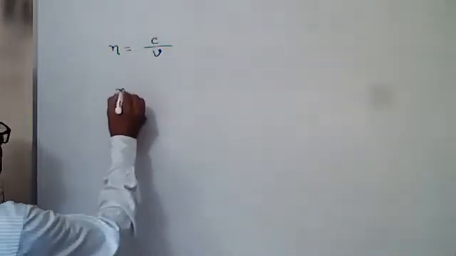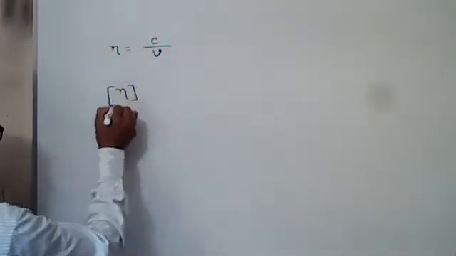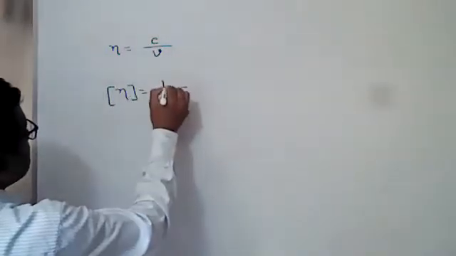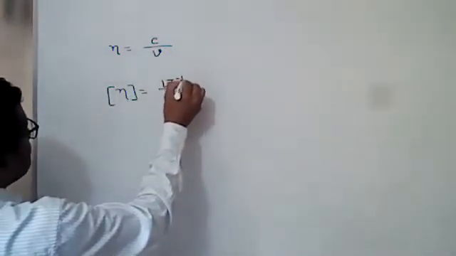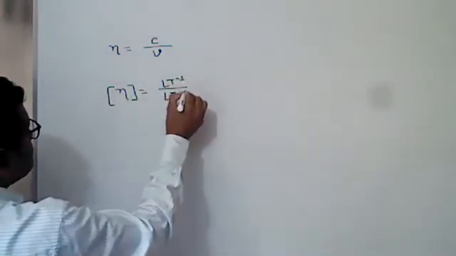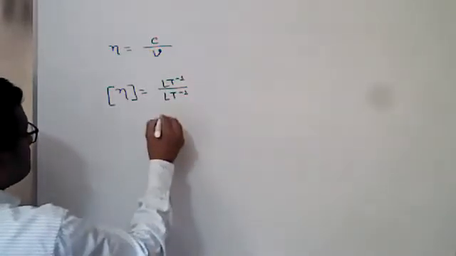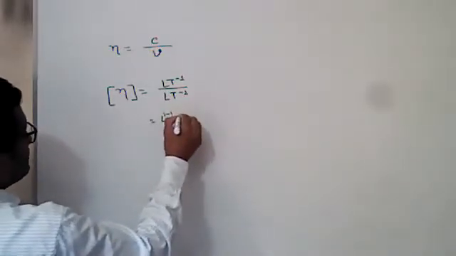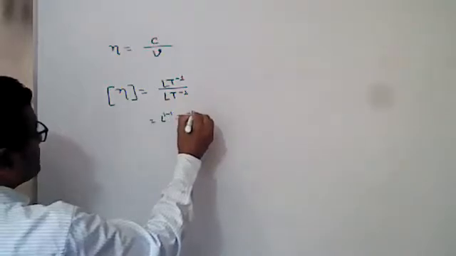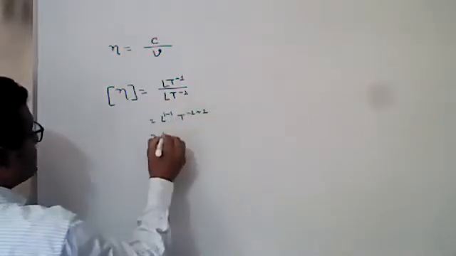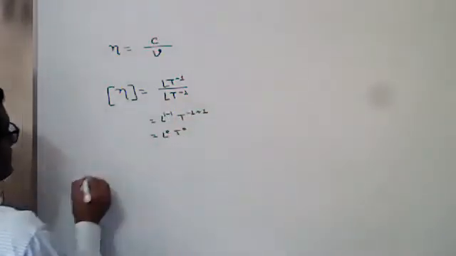So the dimension of refractive index equals L T inverse 1 by L T inverse 1. So it will be L 1 minus 1, T minus 1 plus 1. So it will be L naught T naught.